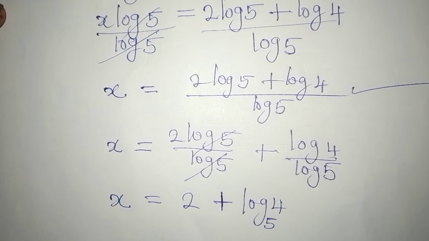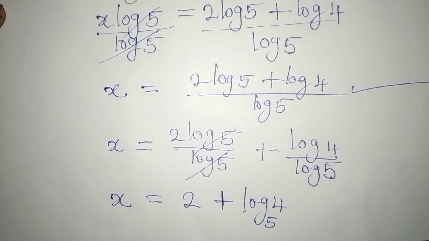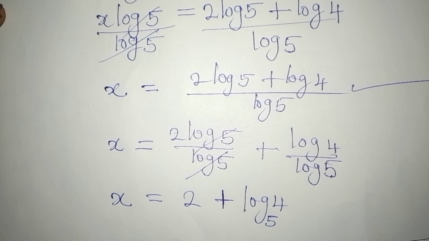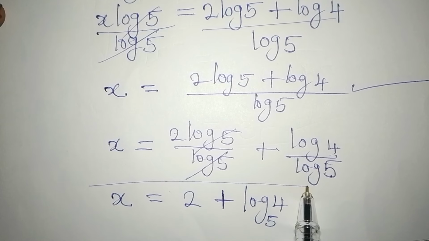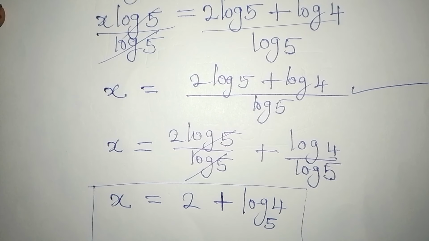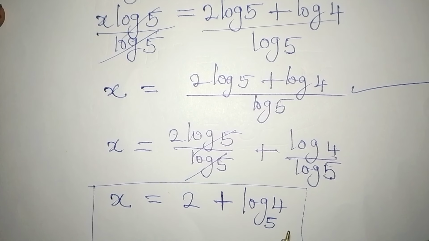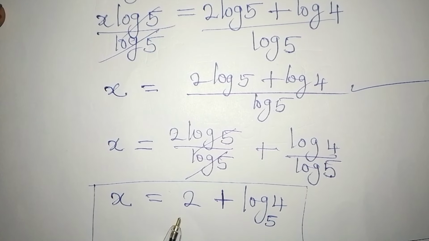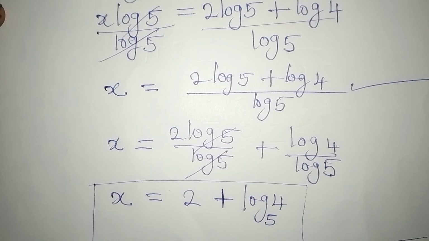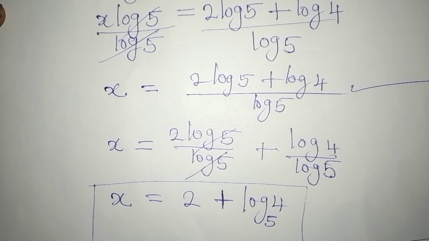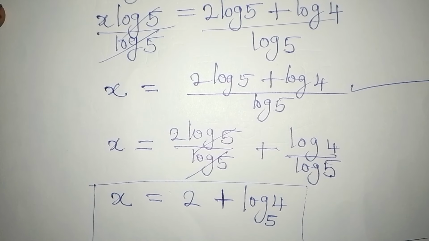And this is because this 5 becomes the base to the 4. If you want to use calculator, you can press log 4 to base 5, then add whatever you have to 2. So let's verify to be sure we are correct.